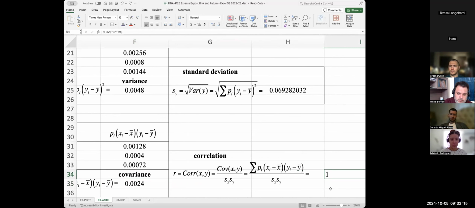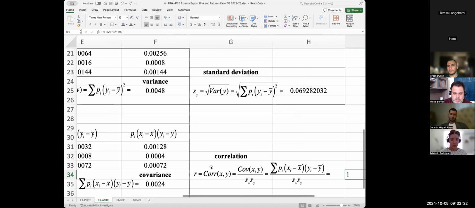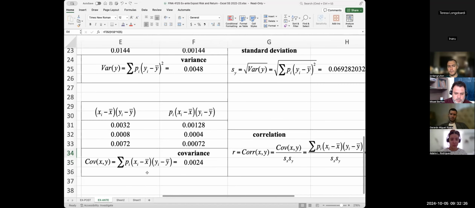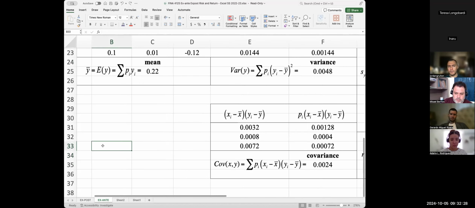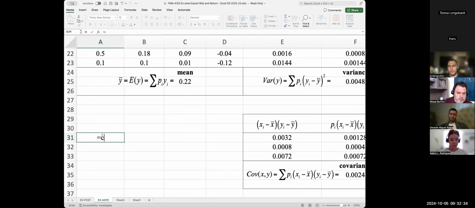Let's see, what was I going to show you? Okay, so if you wanted to do this, just using Excel, you have a function called CORREL.